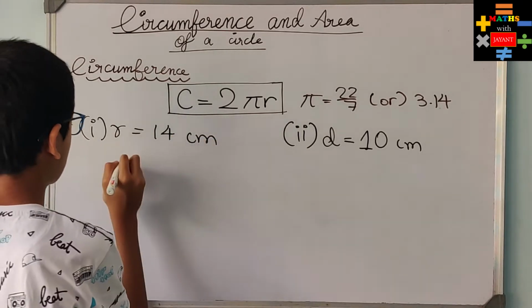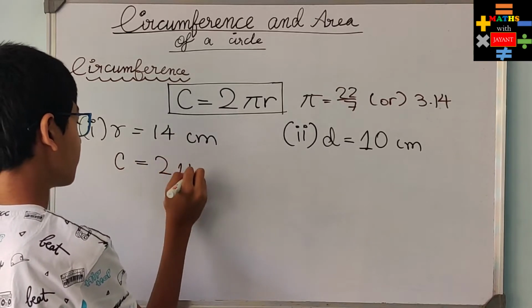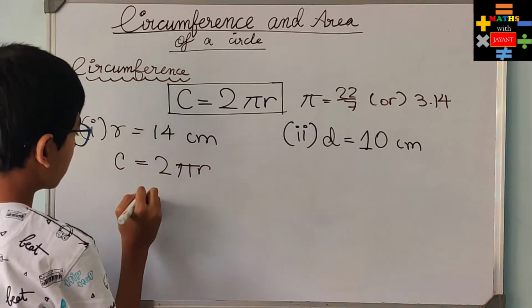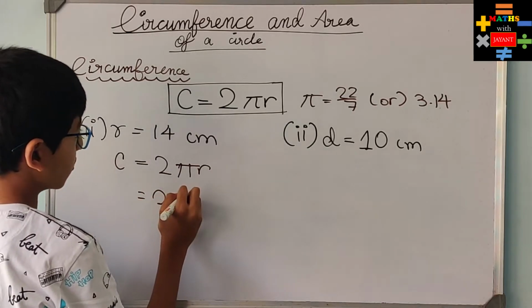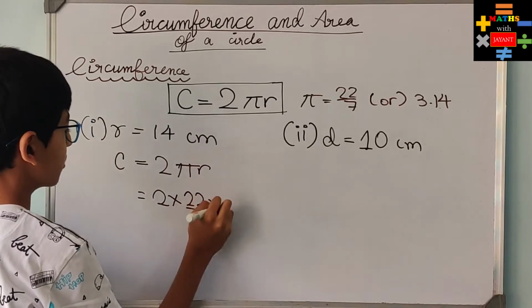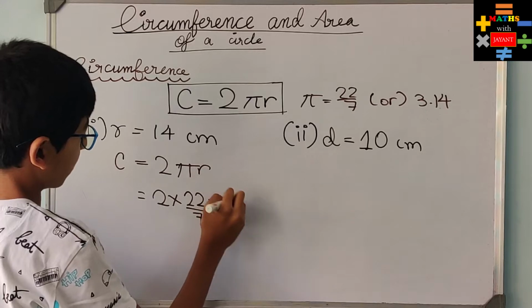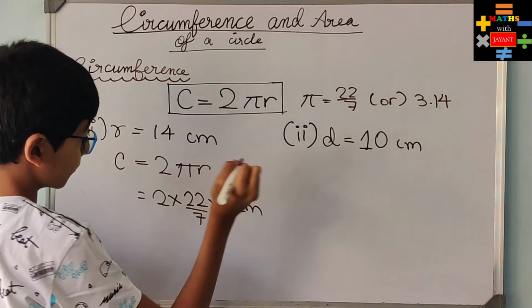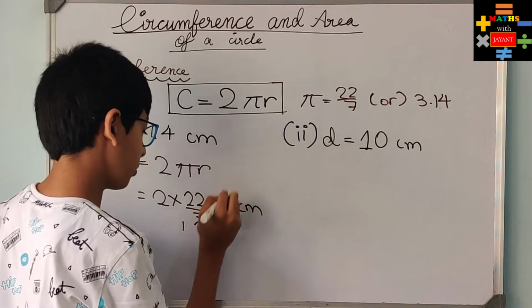So what I do is circumference is equal to 2 pi r, which is equal to 2 into pi. I'll use 22/7 into radius, which is 14 centimeter. This is what is given to us. Correct? So 1 7 is 7, 2 7s are 14.